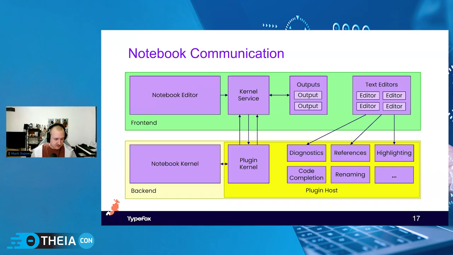So all of the Monaco editors in Theia are powered by the same engine that also powers the notebook cells. And so we don't need to do a lot of work except for replicating all of the small cells within the notebook editor back to the plugin host, and then retrieve all the language service information that we get from there.